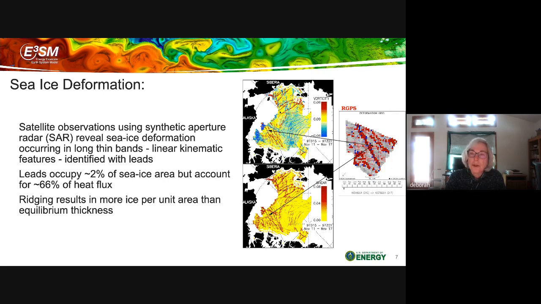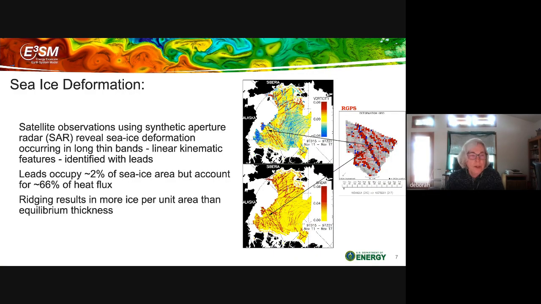And one thing you notice is that you get these localized deformation patterns. They've been called linear kinematic features, and they've been associated with leads. So you see that the deformation in the sea ice is not uniform and homogeneous. It tends to be localized.